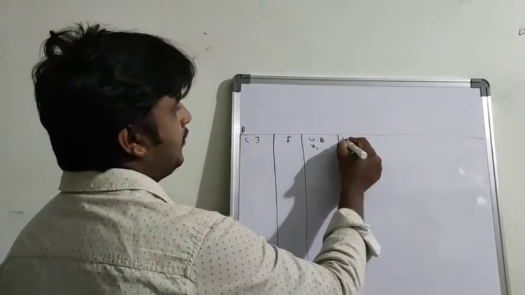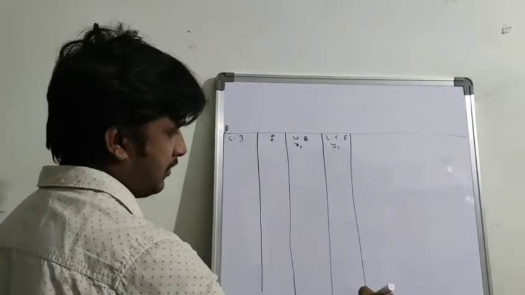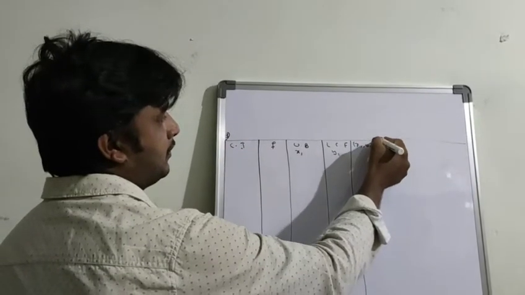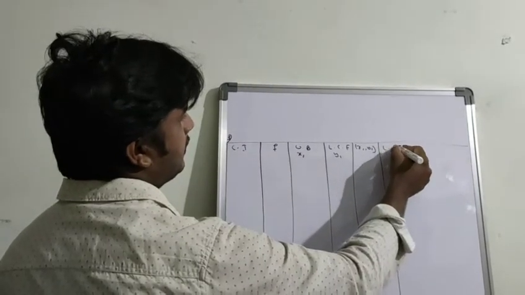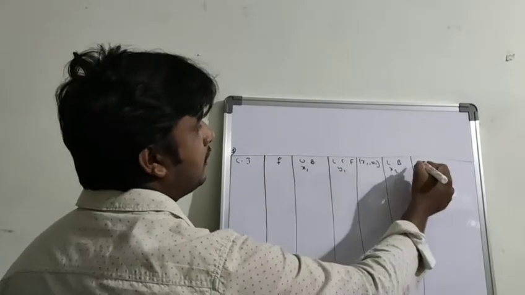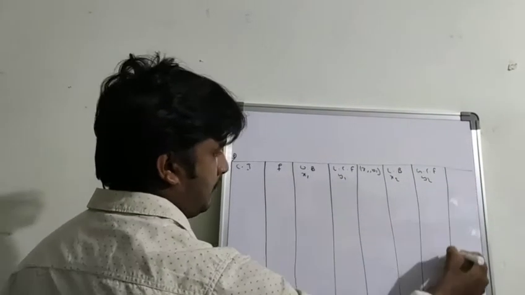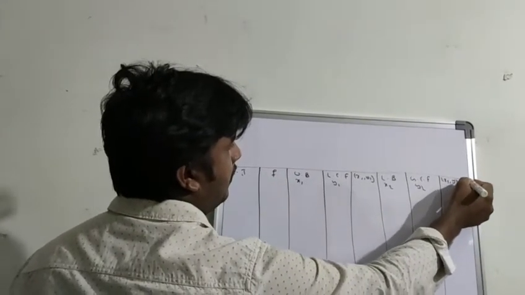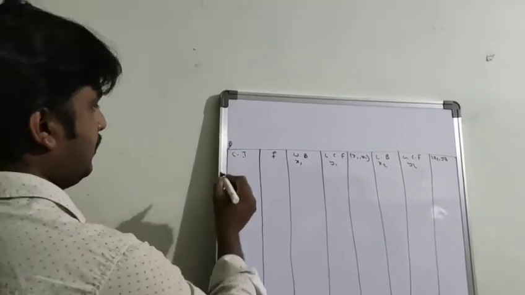So less than cumulative frequency y1. So this is the point x1 comma y1. So next, for greater than cumulative frequency, you have to take the lower boundaries. This we take as x2, and greater than cumulative frequency we take as y2, and this is the point x2 comma y2. Okay, so draw this.